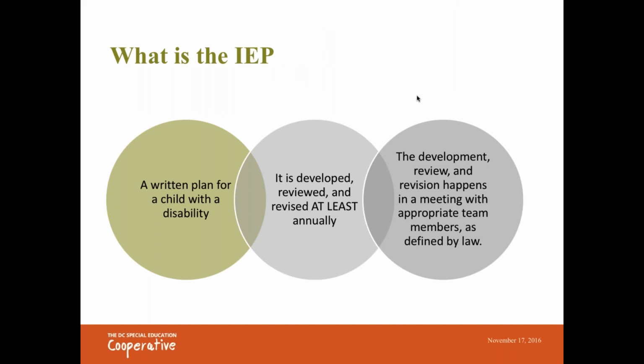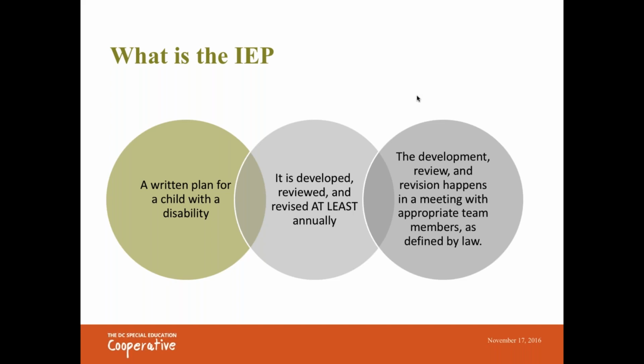So we really should start out answering this question: what is the IEP? If you're not familiar with what an IEP is, or you've just heard it before but not very clear, you can think of it as broken down into these three parts. First and foremost, it's a plan for a child with a disability. It's developed and reviewed and revised at least annually.